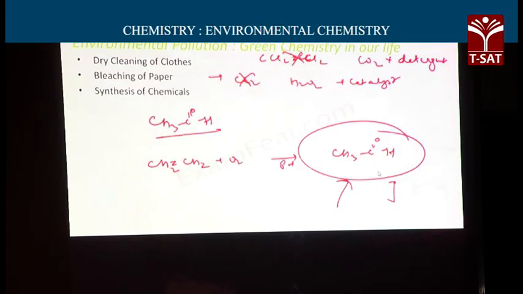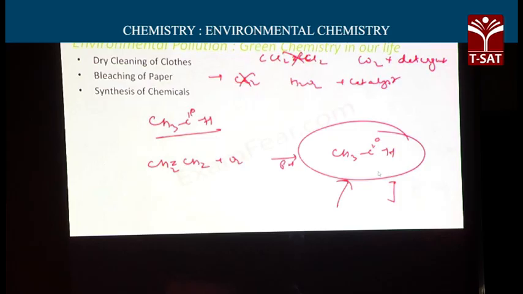The main objective of green chemistry is this: in every household, they clean clothes. In olden days, for cleaning clothes, they used dichloroethylene, a very toxic pollutant to the environment. So, instead of using tetrachloroethylene, detergents and CO2 should be used to improve green chemistry.